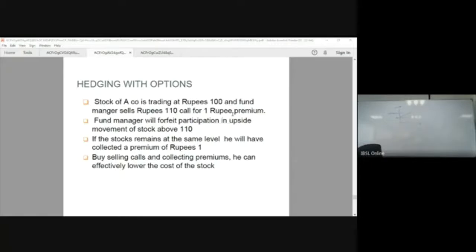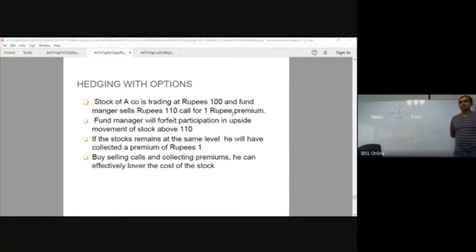He will not be selling anything above 110. Maximum selling price will be 110. Clear? Any questions? So the fund manager will forfeit participation in upside movement of the stock above 110.